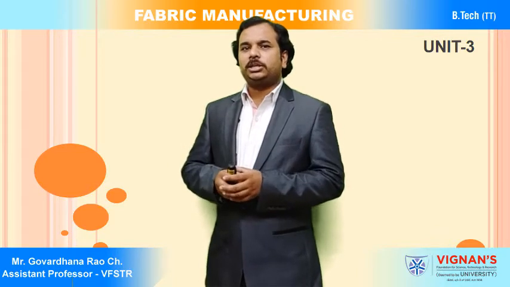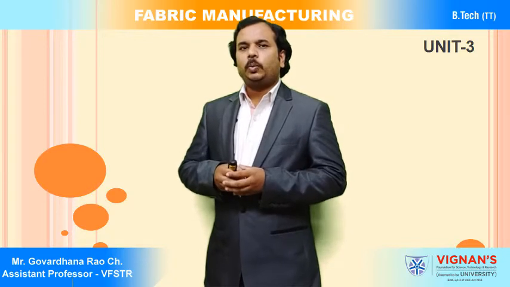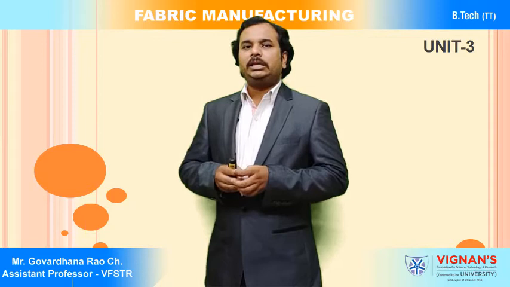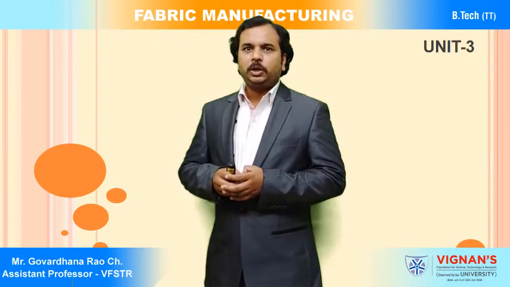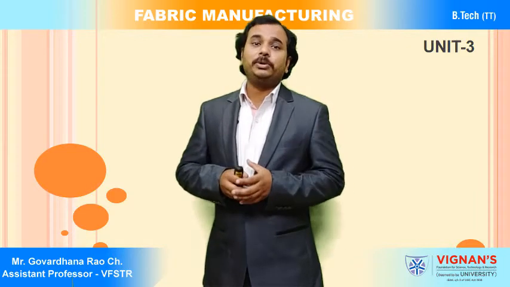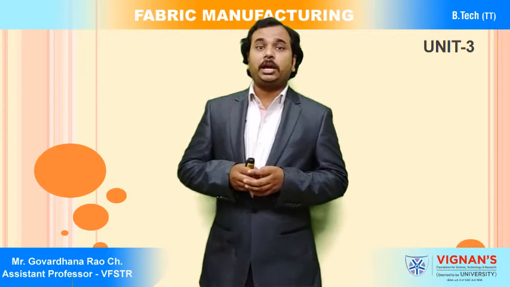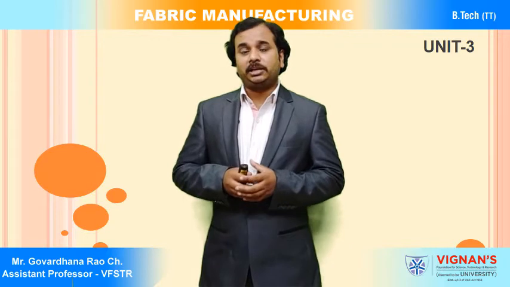In the sizing process, particularly in unit number 2, we discussed the objectives of sizing, the different ingredients used for the preparation of size paste, their functions, as well as examples of size ingredients, that is primary size ingredients and secondary size ingredients.